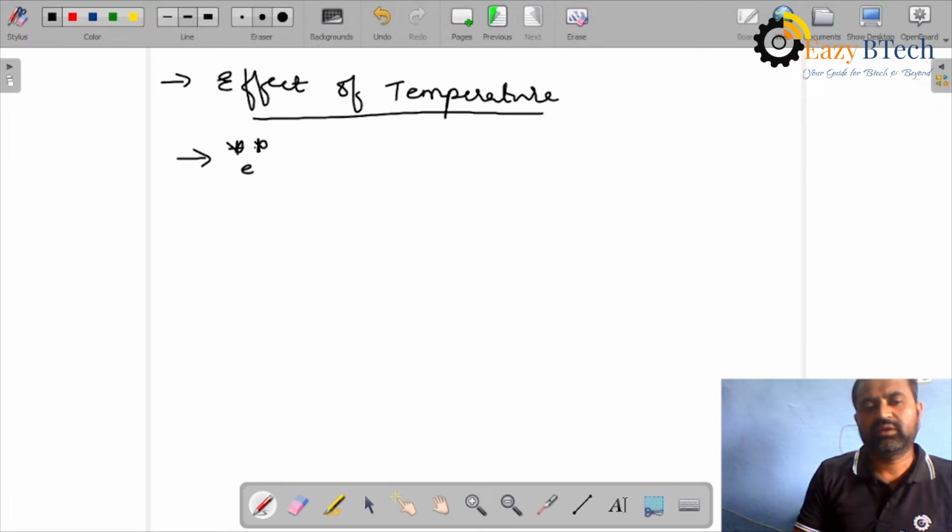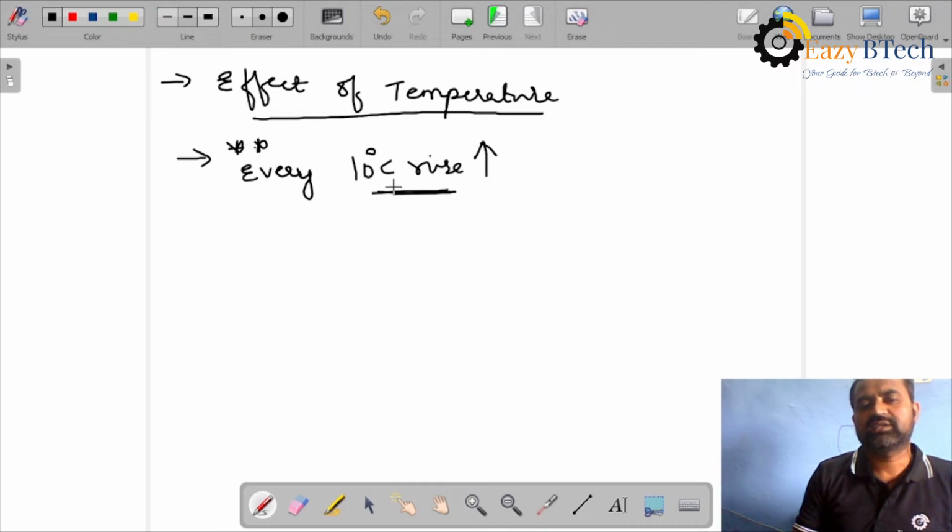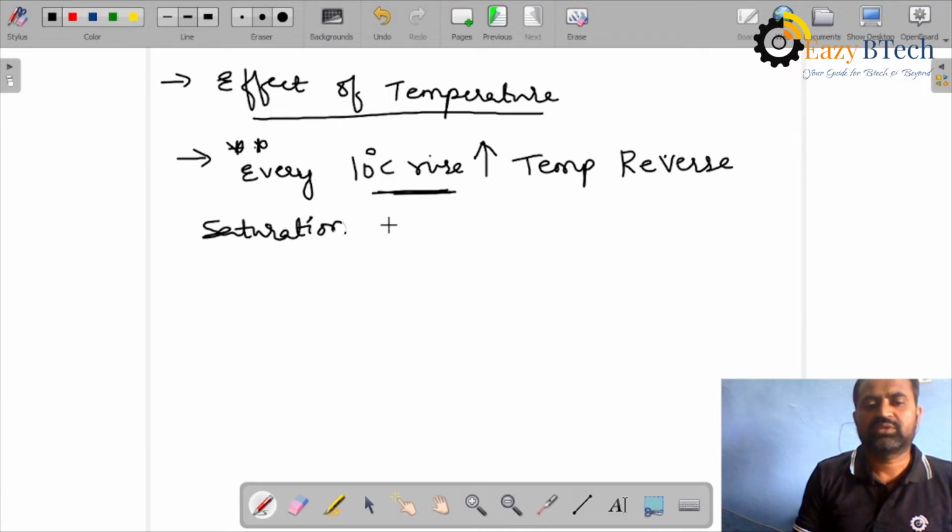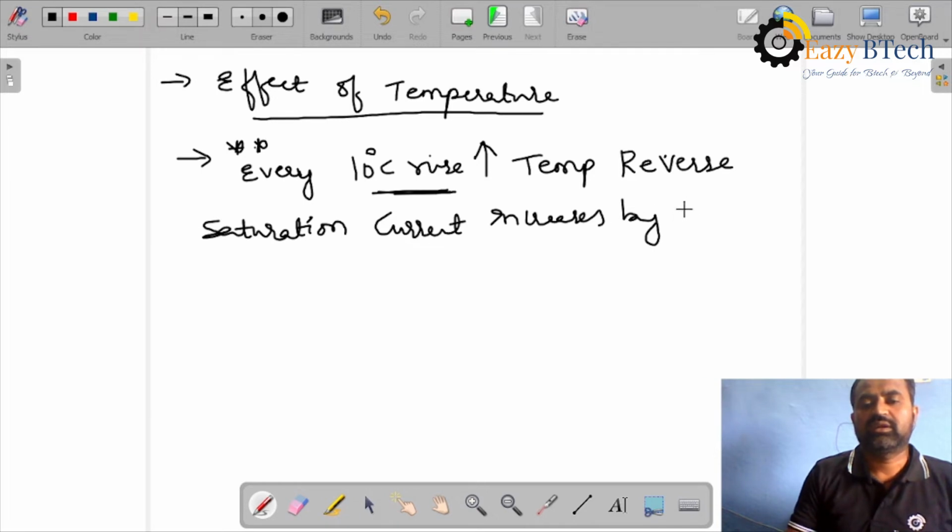For every 10 degrees rise in temperature, the reverse saturation current is doubled.